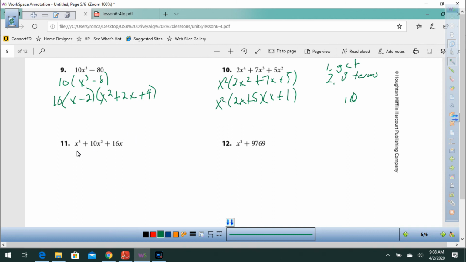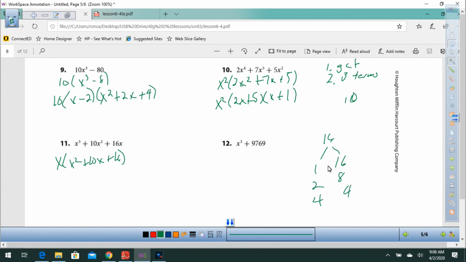Number 11, the greatest common factor is x, and you've got x squared plus 10x plus 16. All right, so we've got 16. What are the factors of 16? 1 and 16, 2 and 8, 4 and 4.